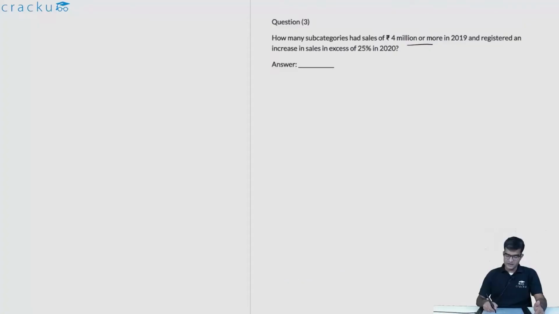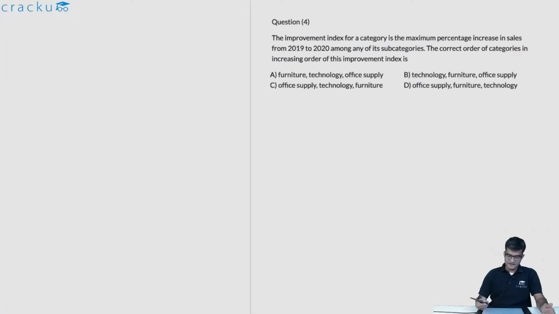So till now, we don't really need the numbers for each of the 17 categories across the 2 years. But the last question asks you to calculate the maximum percentage increase from 2019 to 2020 across the 3 categories: furniture, technology and office supplies. For each one of them, we have to calculate which subcategory has the maximum percentage increase. Once you look at this question, you should immediately figure out that we need to calculate the numbers for all of the 17 ones.